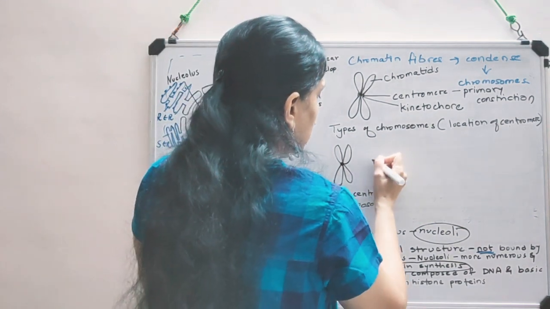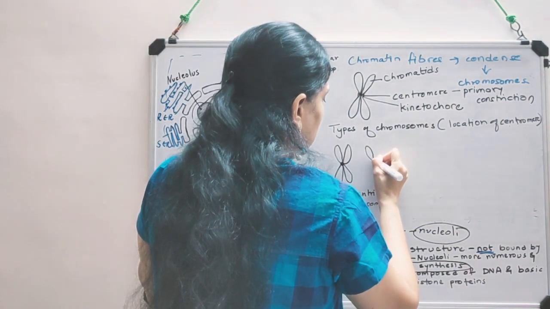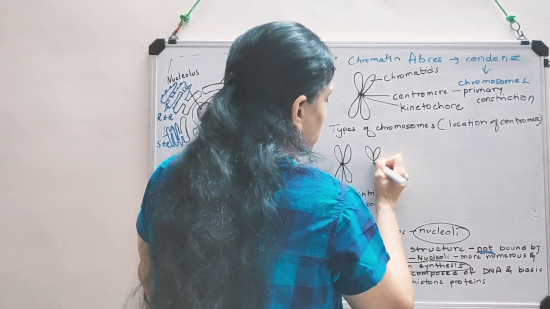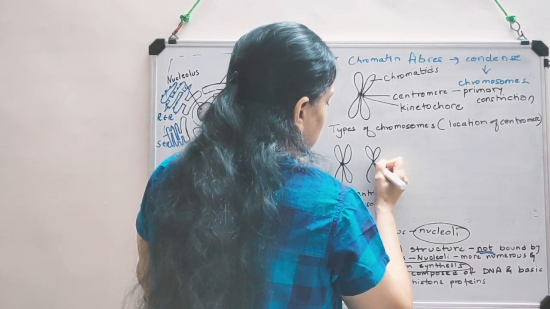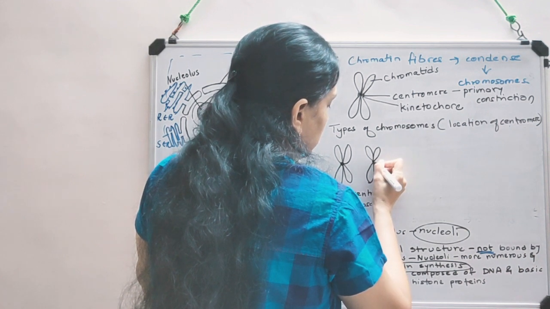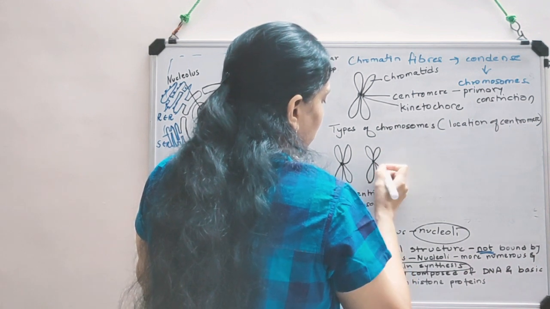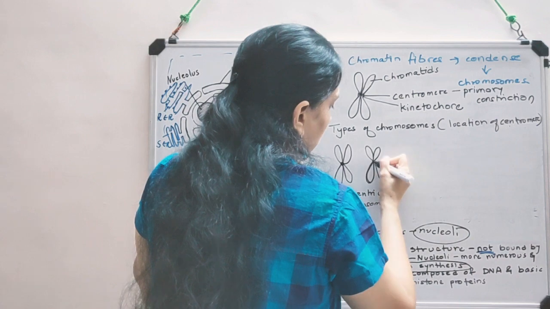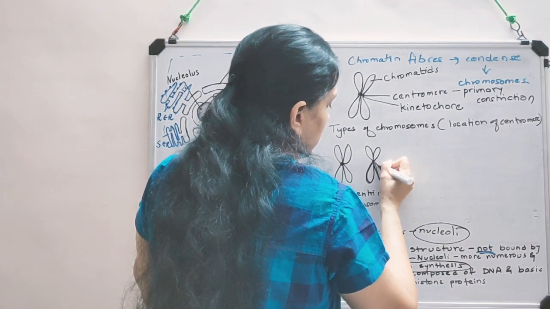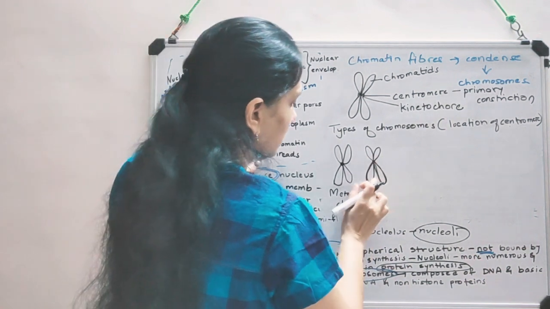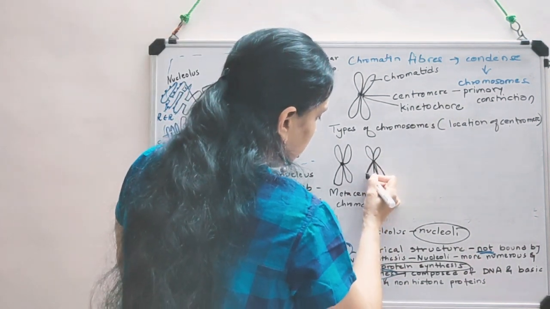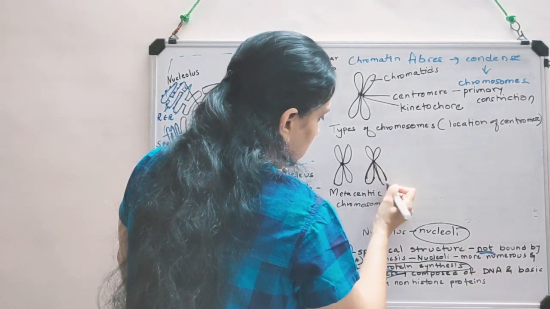Now I am drawing another chromosome where the centromere is a little away from the center. So what is going to happen? One arm would be long and another would appear short. As you can appreciate over here, I still make it longer, see, like this.